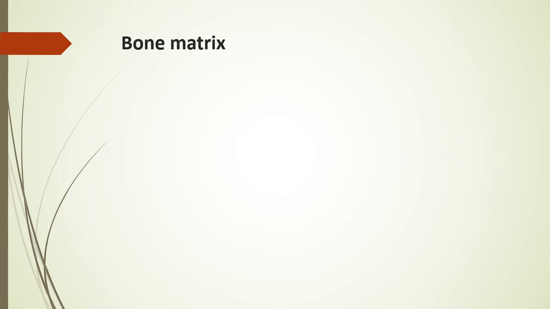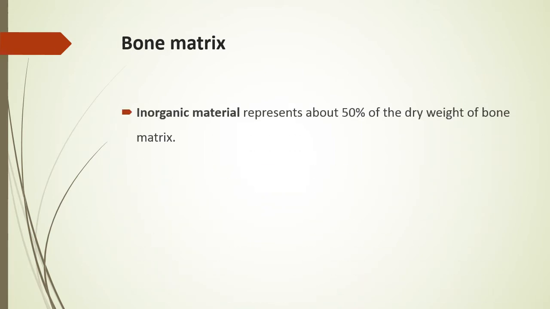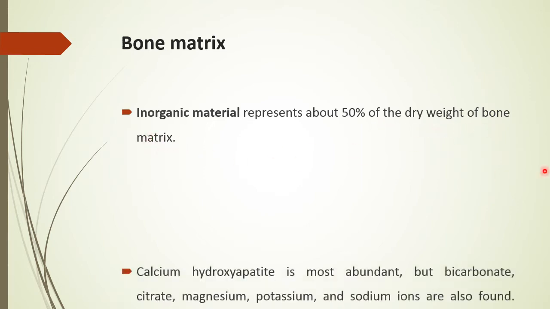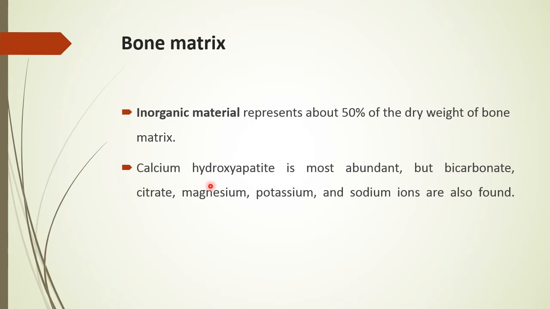Now we finished the bone cells. Now we are moving to the bone matrix, and in the bone matrix we have inorganic material and organic material. The inorganic material represents about 50% of the dry weight of bone matrix. 50% inorganic, which is salts.